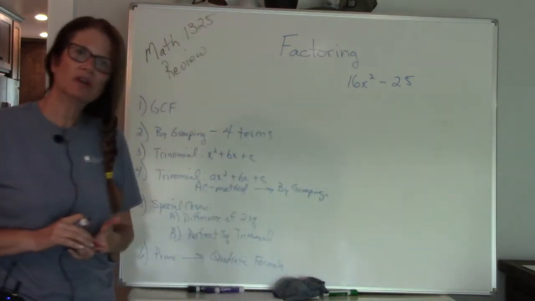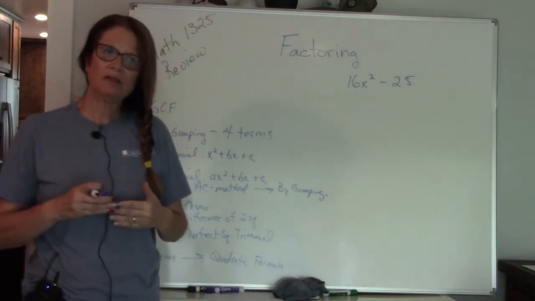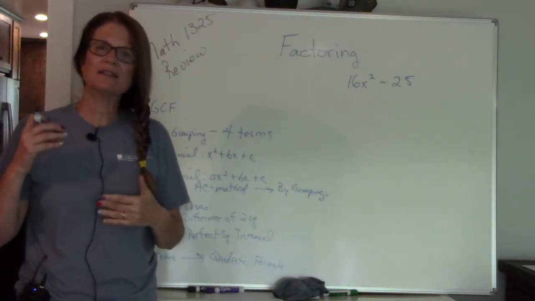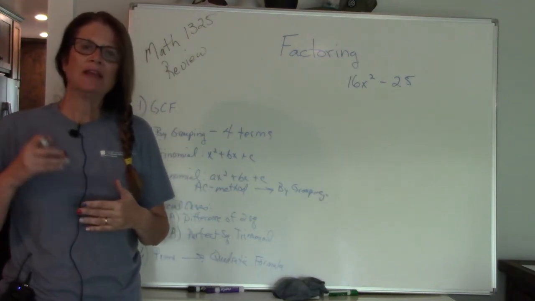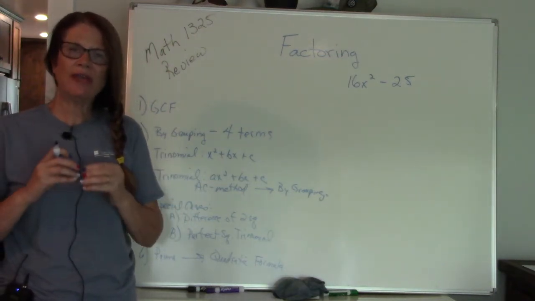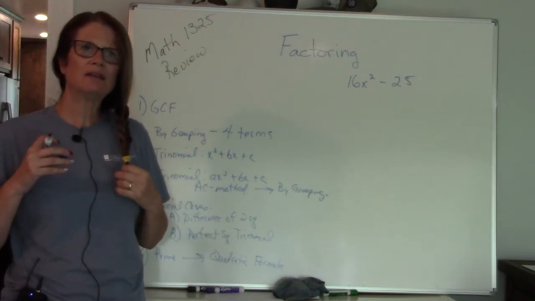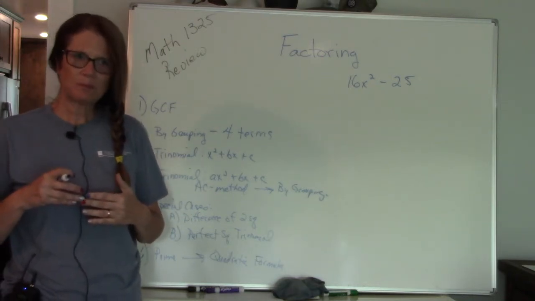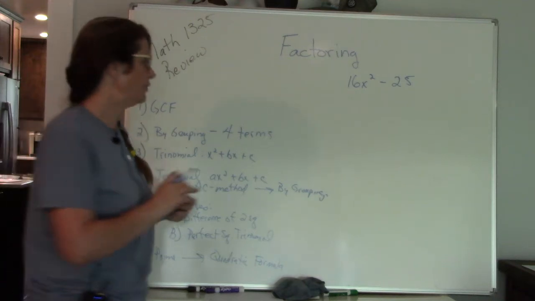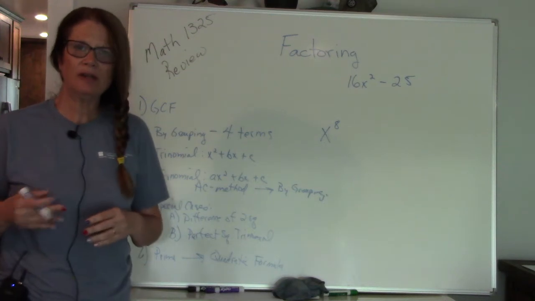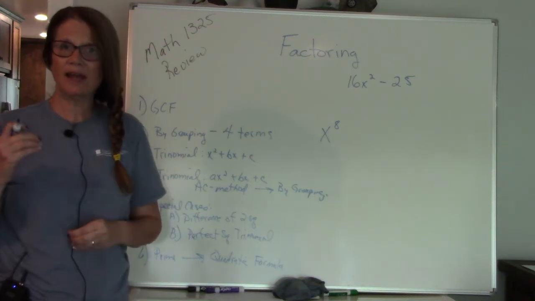You know that a variable with an exponent is a perfect square if the exponent is an even number. If your exponent is odd, you can't break it in half. So in order to get a perfect square of a variable with an exponent, like 8x to the 8th power, 8 is an even number, I can cut it in half.